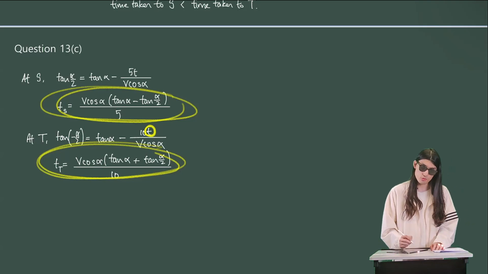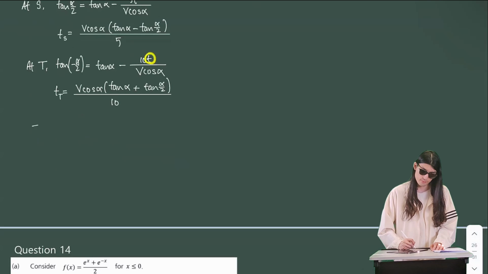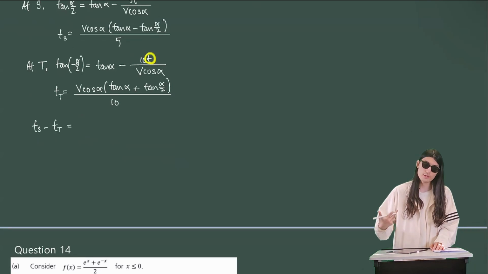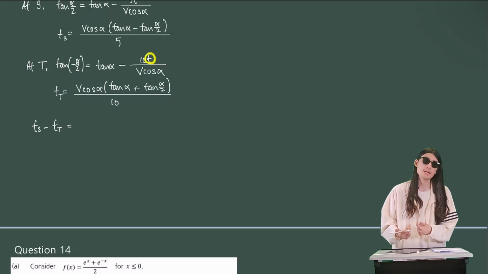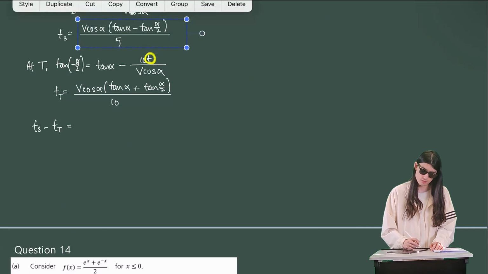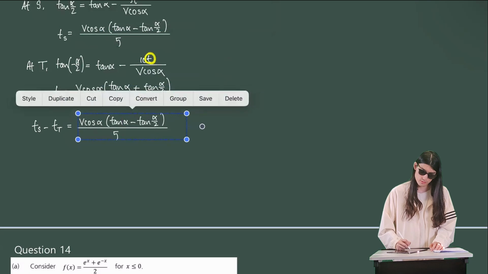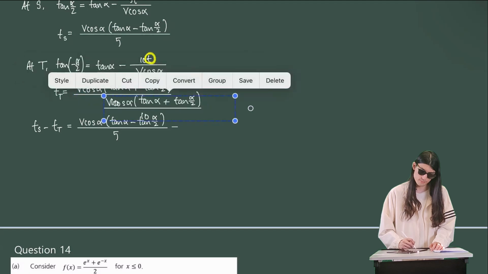And in order for me to do that effectively, what I'm going to do is I'm going to find an expression for the difference between the two times. Ts minus Tt, okay? Which is just subtracting these two from this one. Subtracting the other one over here.